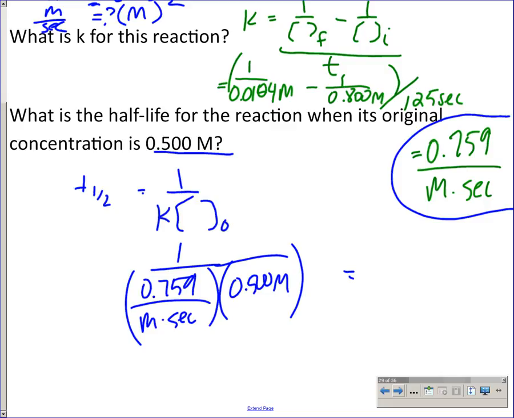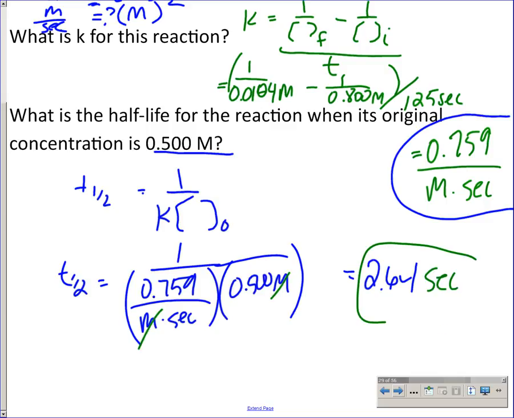Alright, what's our T 1 half, or time of half-life? 2.64, yep. And you can see that molarity cancels here, leaving us with seconds. Seconds is the unit, it has to be a time unit, so that makes sense.